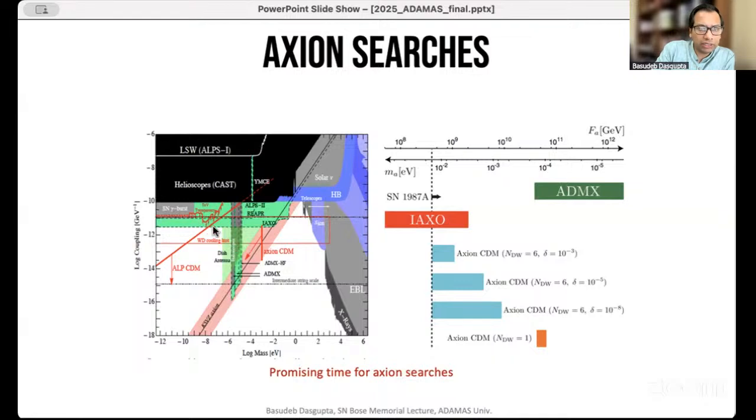All these different experiments, these other colored shaded regions, are probing different combinations of mass and coupling. You can see most of this red diagonal band has not been probed, although we have started probing it. The LHC is not the experiment probing it, but there are other experiments. So that's the state of the art.